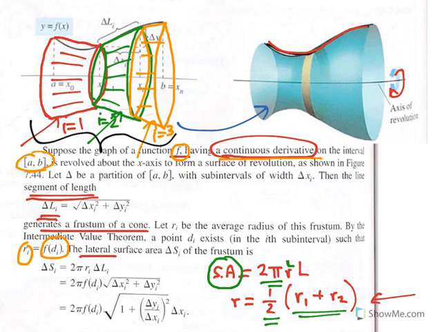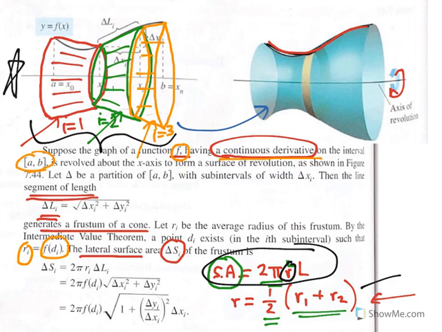So now we're able to do the following. The lateral surface area of the ith frustum, and we have 3 frustums in our diagram over here. So now we're saying the lateral surface area of the ith frustum is given by this formula. 2 pi, but remember what r is. It's the average of the smaller and the larger radii of the frustum.